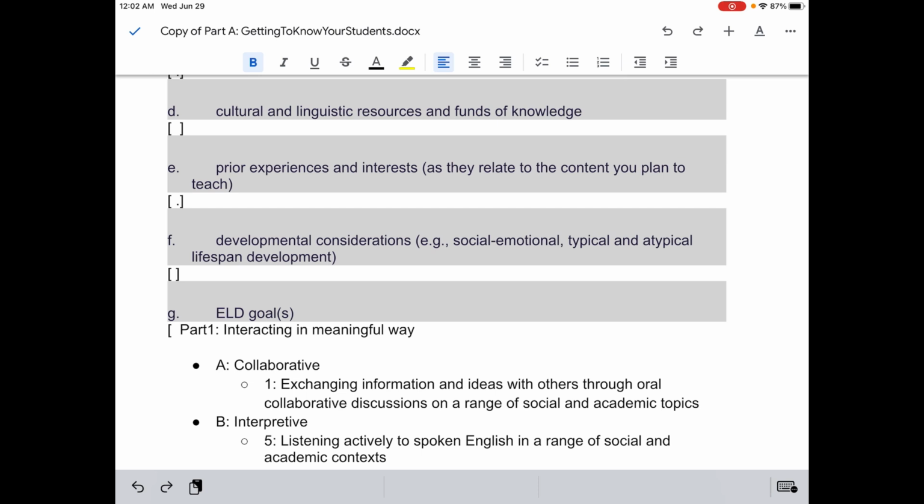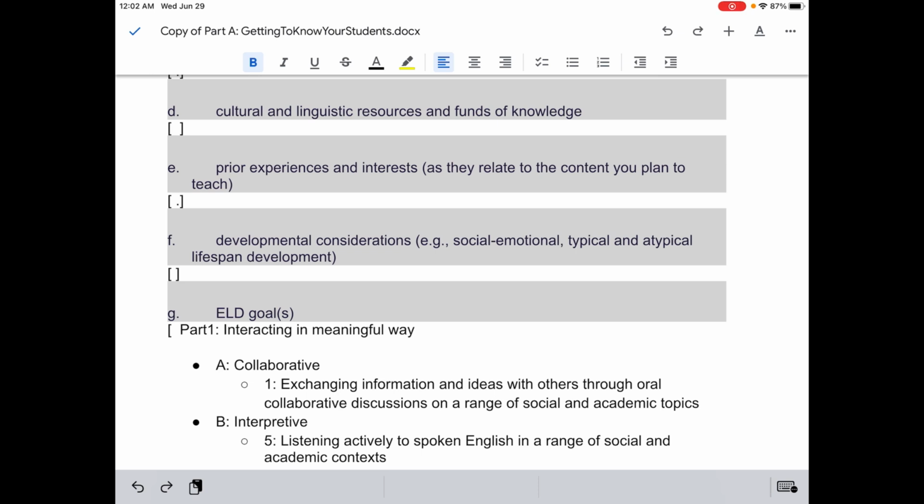If we move on to part F, it talks about developmental considerations, so social, emotional, typical, atypical. So we have to talk about if they're atypical or typical students.